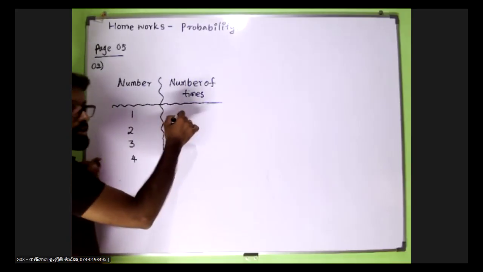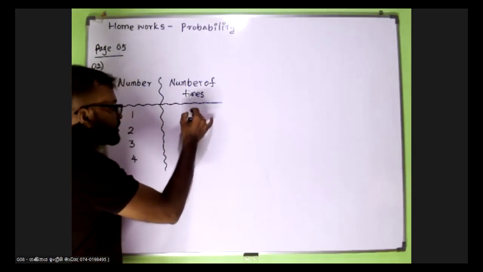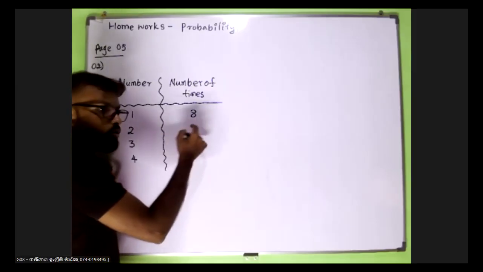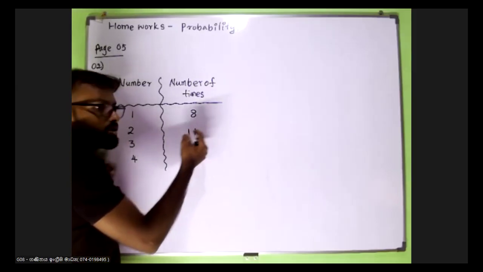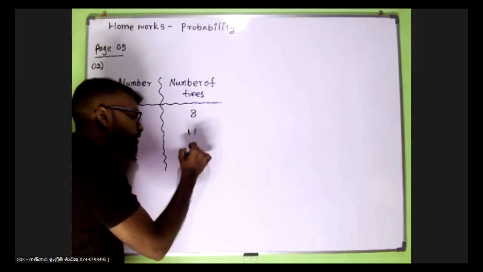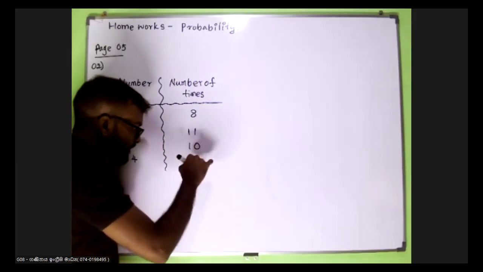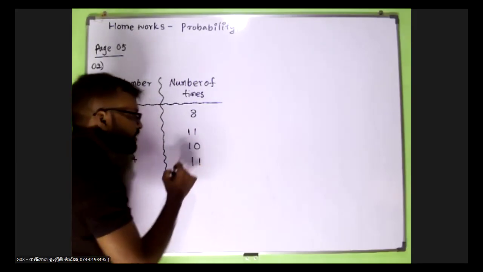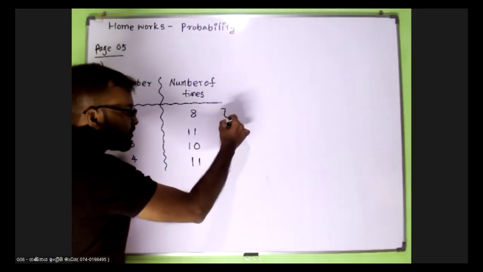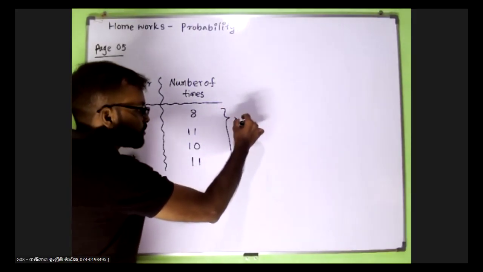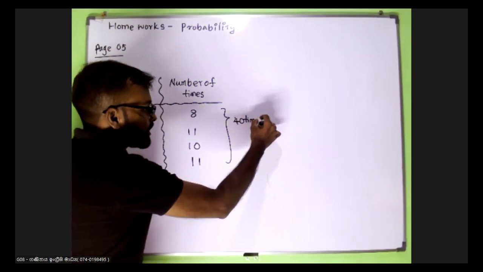Number 1 face landed down 8 times. Number 2 face landed down 11 times. Number 3 face landed down 10 times. Number 4 face landed down 11 times. So altogether you will have 40 times, so keep that in your mind.